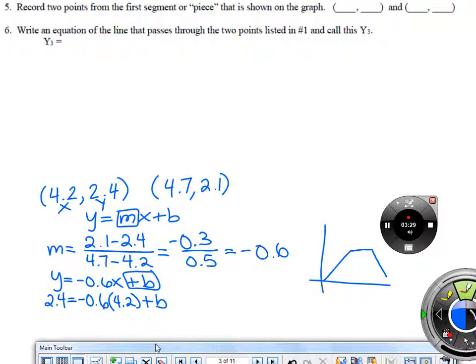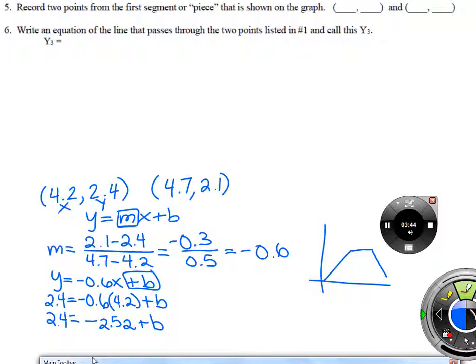So I need to multiply 0.6 times 4.2, so I get negative 2.52 plus b. If I do some arithmetic wrong, tell me.